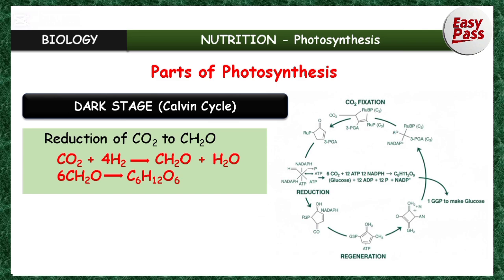The dark stage reaction does not have many parts, but the major part is called reduction of carbon dioxide, that's CO2, to form phosphoglyceric acid, which is the smallest form of carbohydrates, so to say.